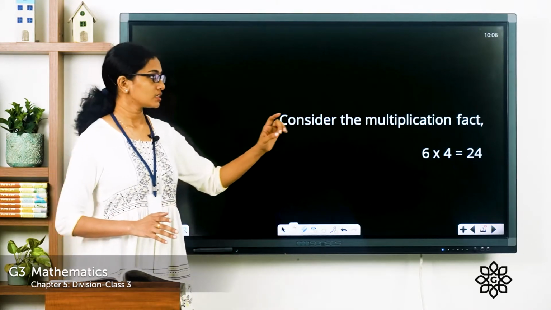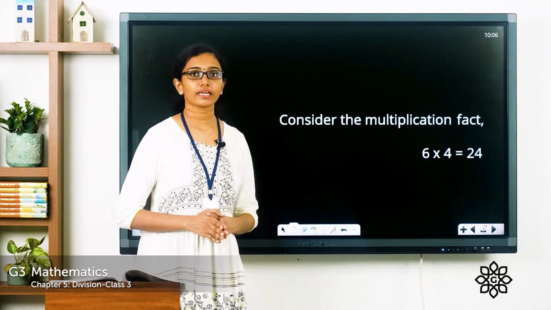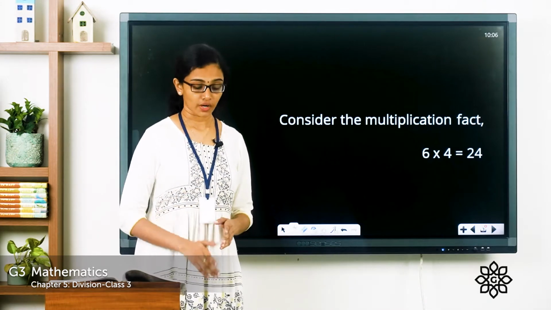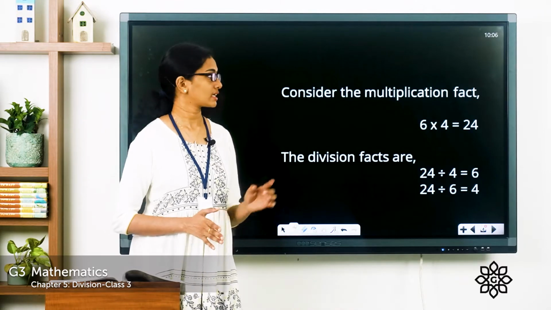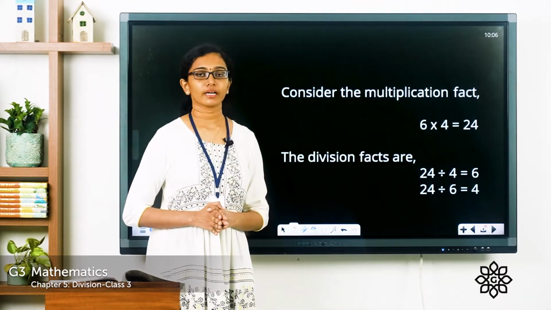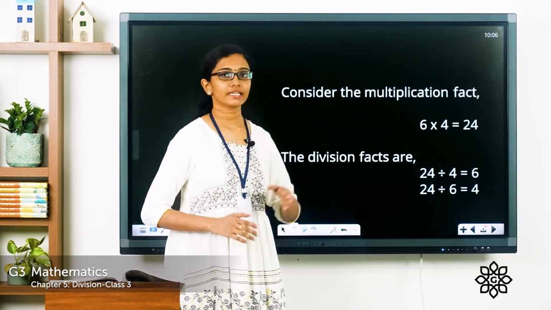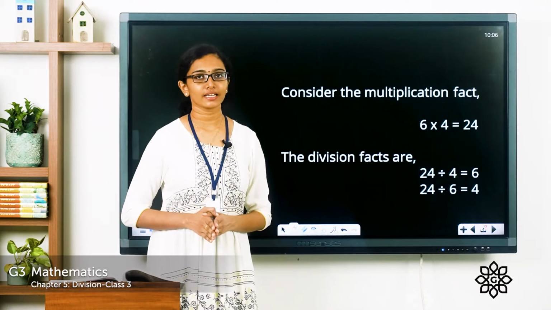Clear? So, from this multiplication fact, we can write two division facts. Why? Because 24 can be completely divided by 6 without any remainder, and 24 can be completely divided by 4 without any remainder.